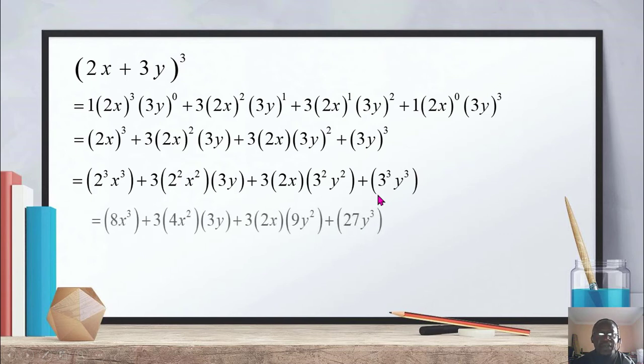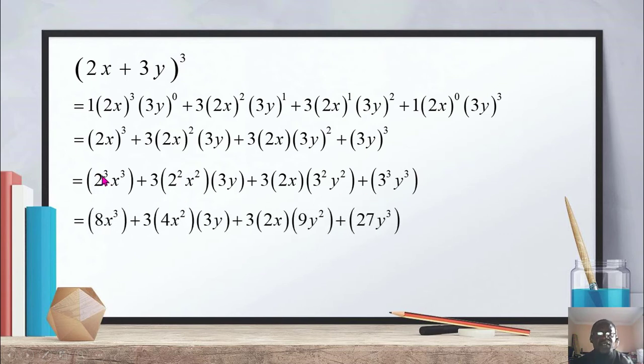Okay, and then simplifying that, we know that 2 raised to power 3 is simply 2 times 2 times 2, which gives us 8. Here 2 raised to power 2 is 4. Here 3 raised to power 2 is 9, and 3 raised to power 3 is 27. So simplifying that further and removing the brackets, 8 multiplied by x raised to power 3 can simply be written like that.